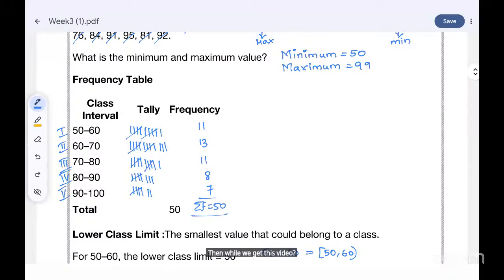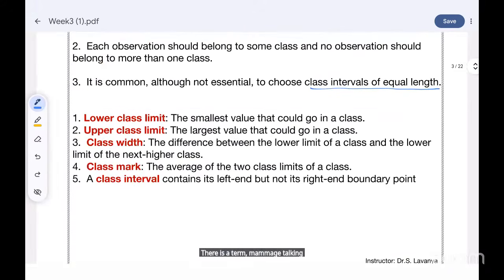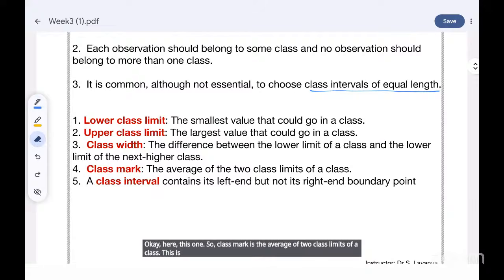Where do we get this PDF? It will be available in the supplementary content in the portal. Ma'am, what is class marks? Class mark is the average of two class limits of a class. This is used much later, when we find the mean of continuous data.